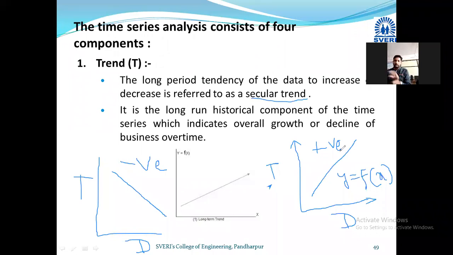Okay, so one of the things will happen: either your business is growing or your business is declining. So that it is called as a secular trend. Getting?